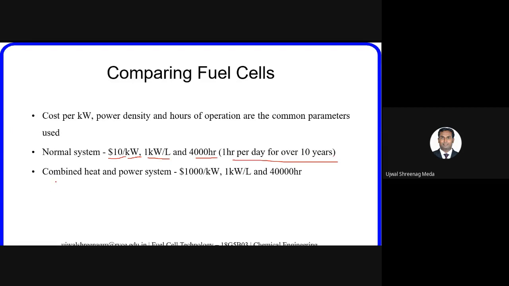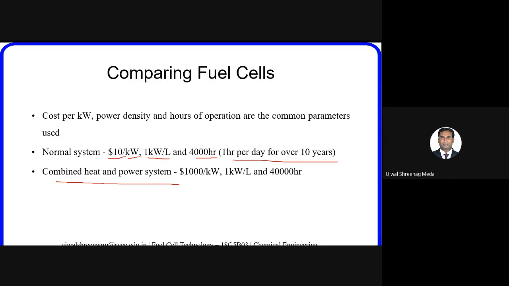There is another system known as the combined heat and power system, or CHP. Here, along with the electricity generated from a fuel cell, a lot of heat is generated because of the functioning of the fuel cell, which is known as waste heat.